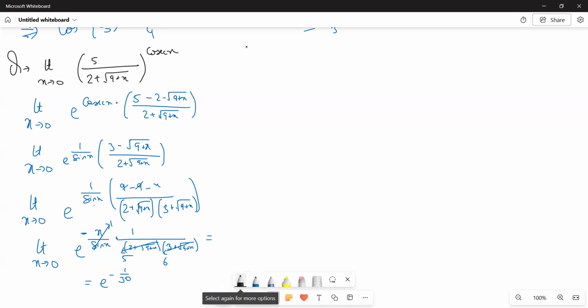Okay, next question. Limit n tending to infinity, cos of x by root n, whole to the power n.